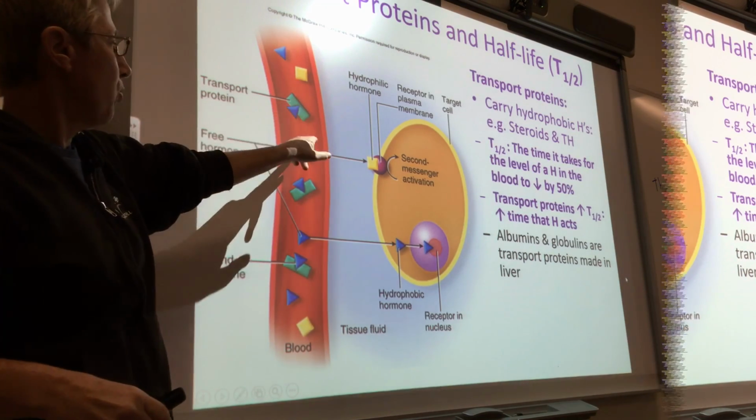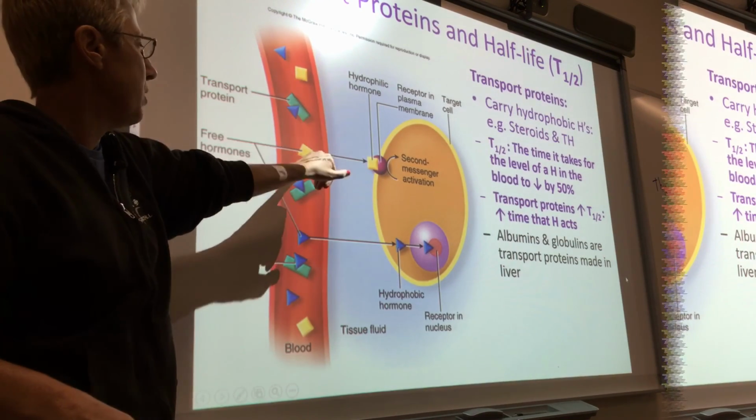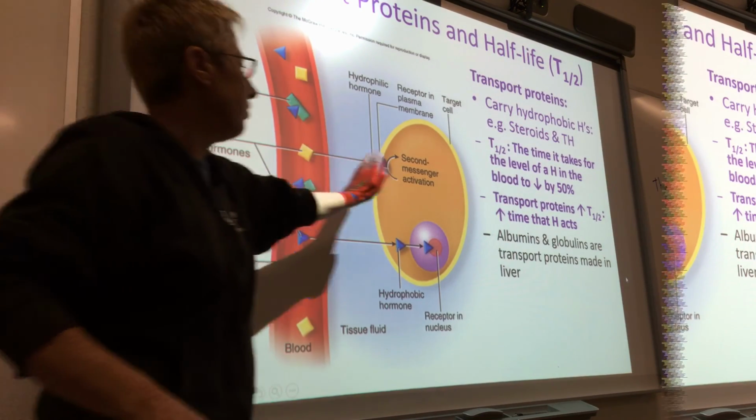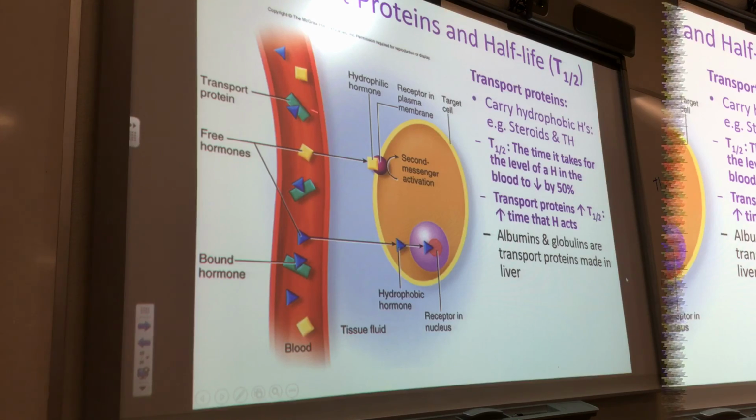Then at some point, when it's near its target, the hormone will be off the transport protein and it will diffuse down its concentration gradient into the cell. So the transport proteins increase the half-life of a hormone. Instead of this blue triangle hormone being gone in an hour, if it's bound to a transport protein, it might take 10 days before it's gone.